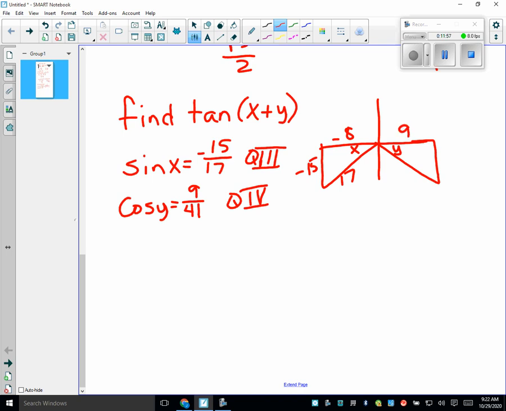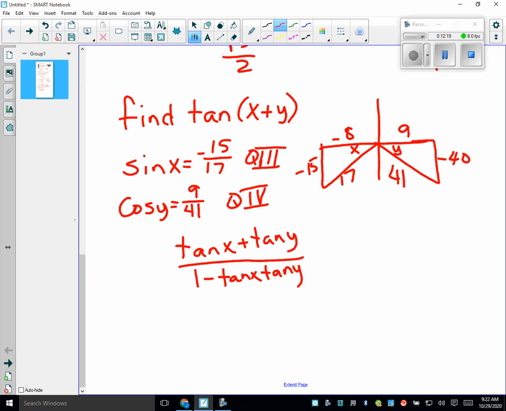Cosine, this is 9. This is 41. What's my other side? 40. Negative 40, okay. So isn't my formula tan x plus tan y over 1 minus tan x tan y?